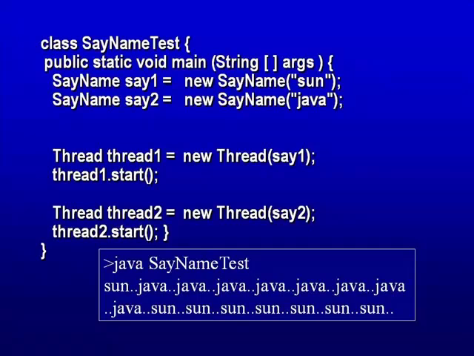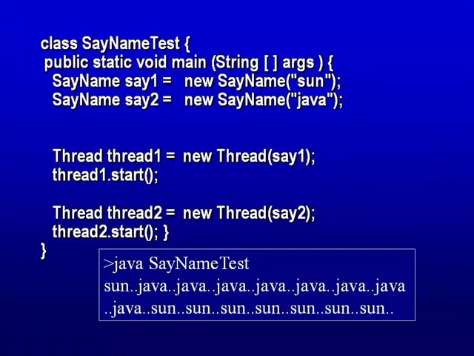Here we see a short program that creates two instances of the sayName class, and then we create a new thread instance, passing it the object reference to our two sayName classes, say1 and say2.